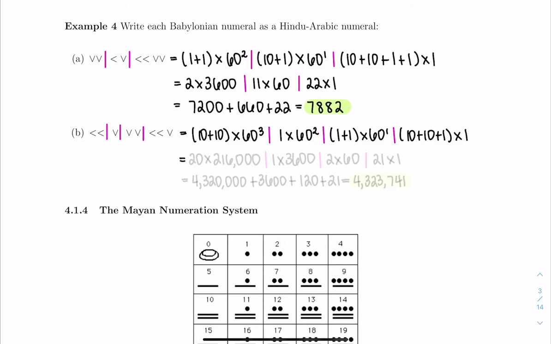So let's do some simplification. We've got 10 plus 10, which is 20. And 60 cubed is 216,000. In the next set, we've got 1 times 60 squared, which is 3,600.